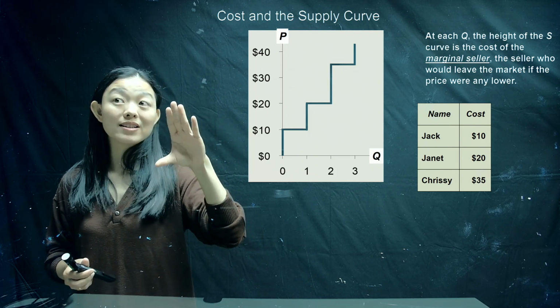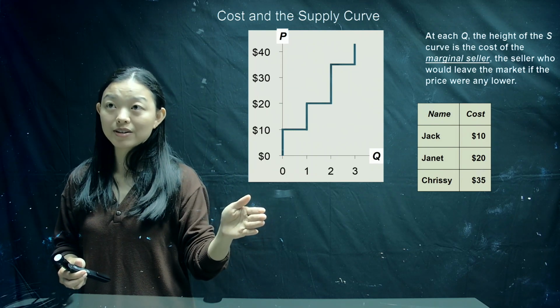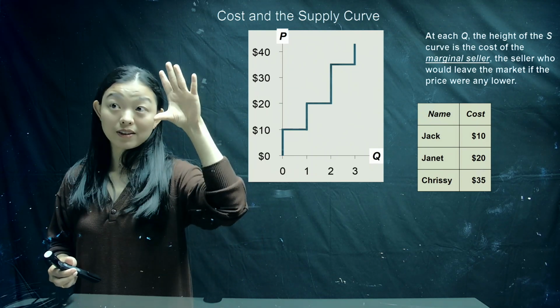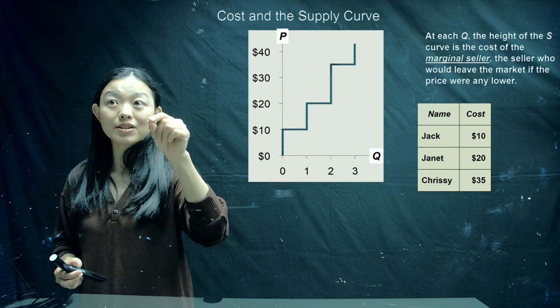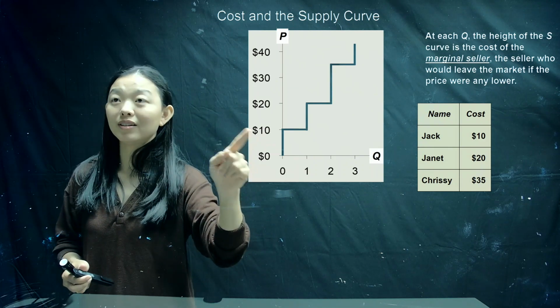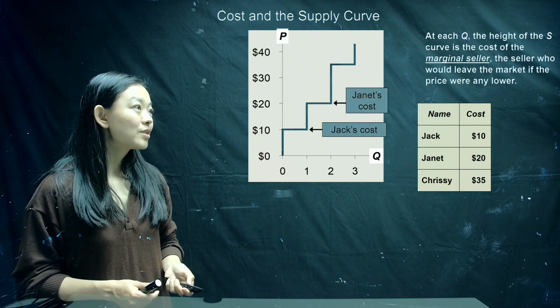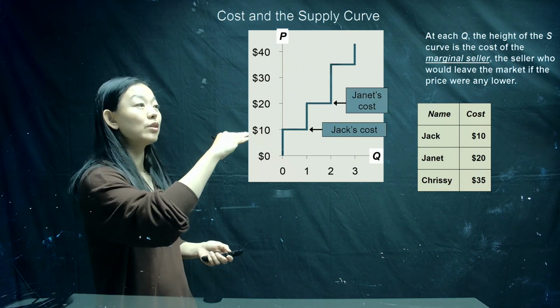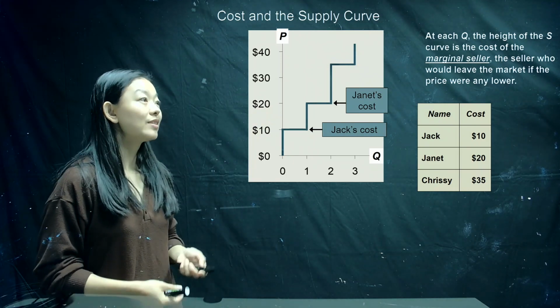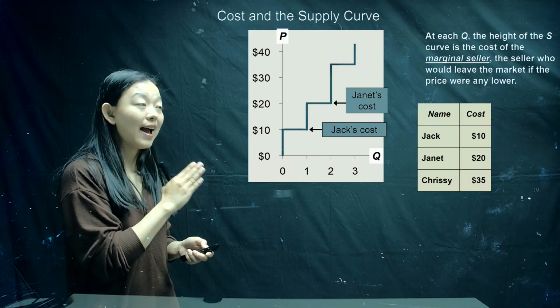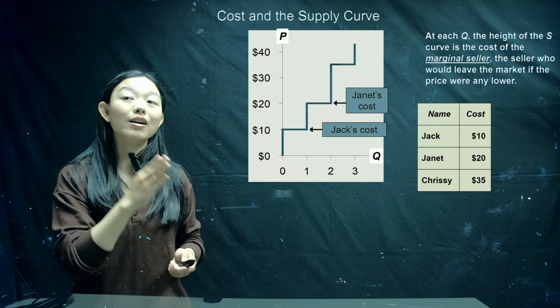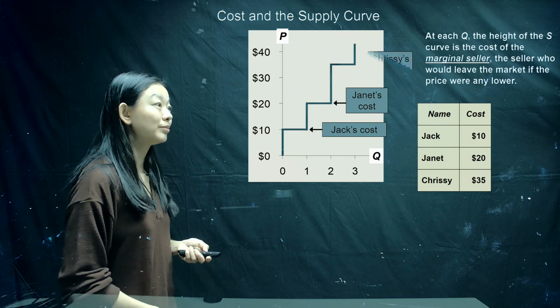So $35 is actually the cost of Chrissy, right? And we would like to say that 35 measures the cost of the marginal seller, that is Chrissy. So you can see the height, as I just showed you from this slice, at each quantity actually measures the cost of the marginal seller.